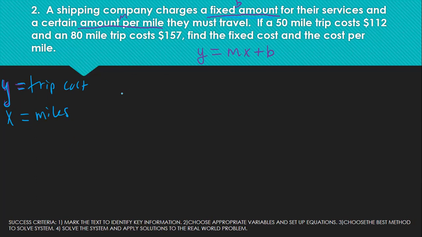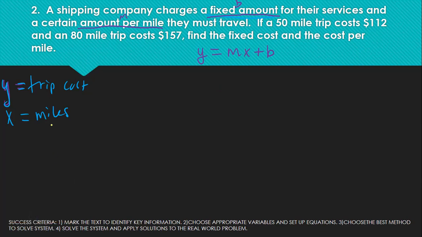Yes. So let's do our first equation based on what we have. It says a 50-mile trip costs $112. 50x plus what? 112. No. Okay. So let's start that again. Let's talk about other things then.